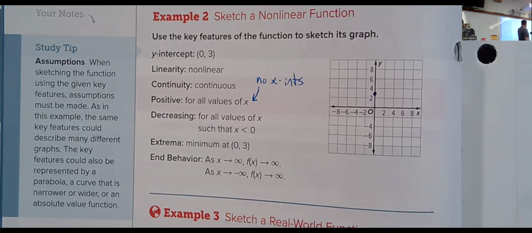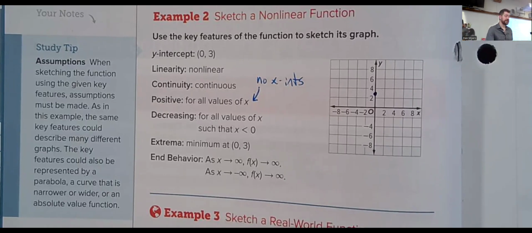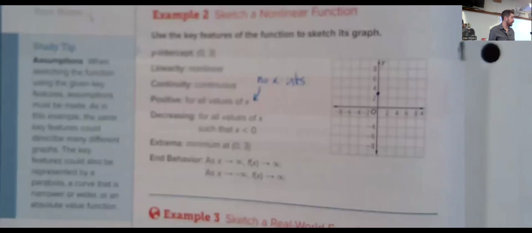Something else we don't know, maybe it does level off for a little bit. Eventually it's going to come back. So it is going to come down. Maybe it comes down like this. Maybe it comes down really steep. Maybe it levels off and then goes back up, or maybe it goes back up immediately. Any one of those things could be true. As long as what we put on our graph is in accordance with everything here, we're good.